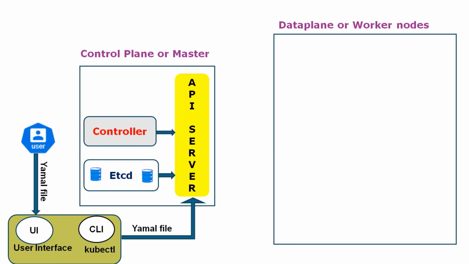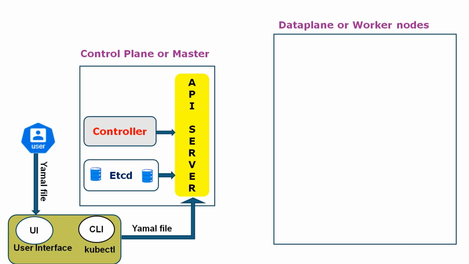So what will the controller do now? It will read etcd and find out your desired state. But what is there in the actual state? The controller will know that too. So the controller will know both things: the desired state and the actual state.